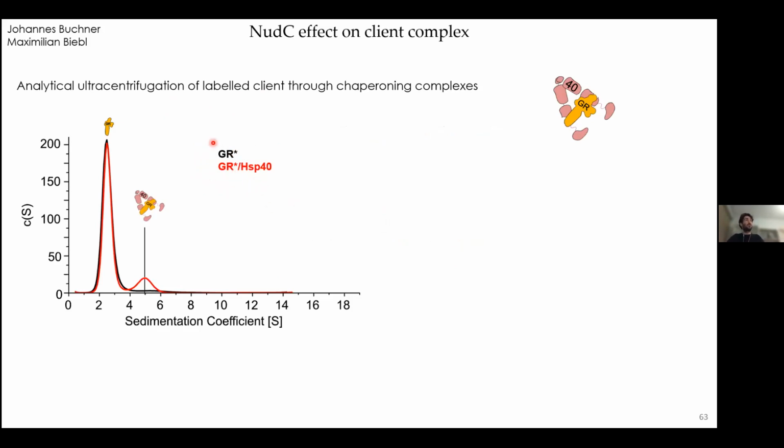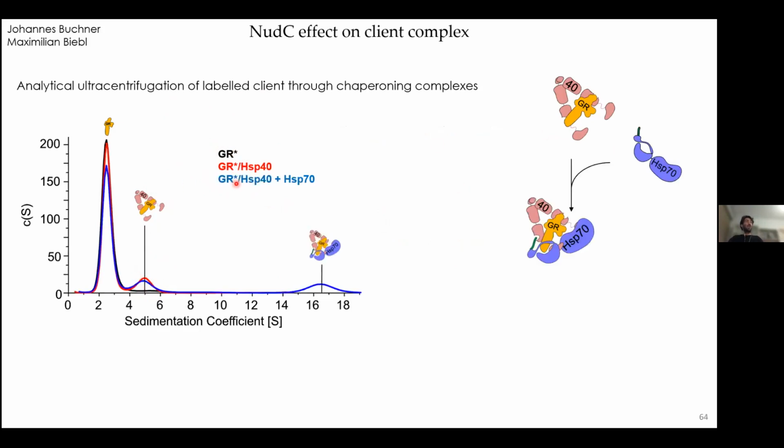So for example, as you can see here, when we have our client, we can add HSP40 to it. We create a complex that we can observe at this sedimentation coefficient size. If we add HSP70 on top of this, we create an even bigger complex that involves HSP40, HSP70, and the client. So this is all known and expected.